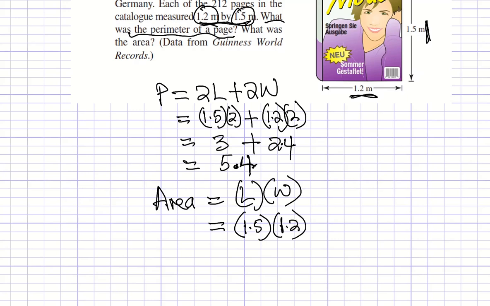That's what they're looking for. They're not looking for more than that. Like I said, if you're in an exam, they will give you all the formulas you need. But think about it, length times width, because it has 2 widths and 2 lengths. So it's just length times width. It's not complicated. If you do that, you get 1.8. That's the area.